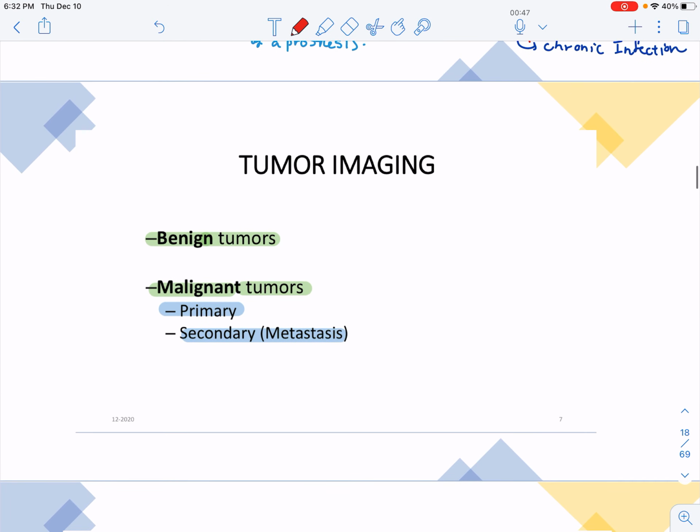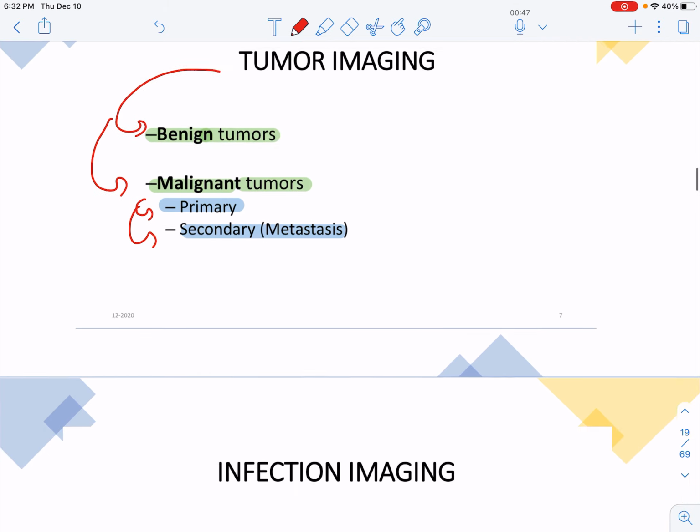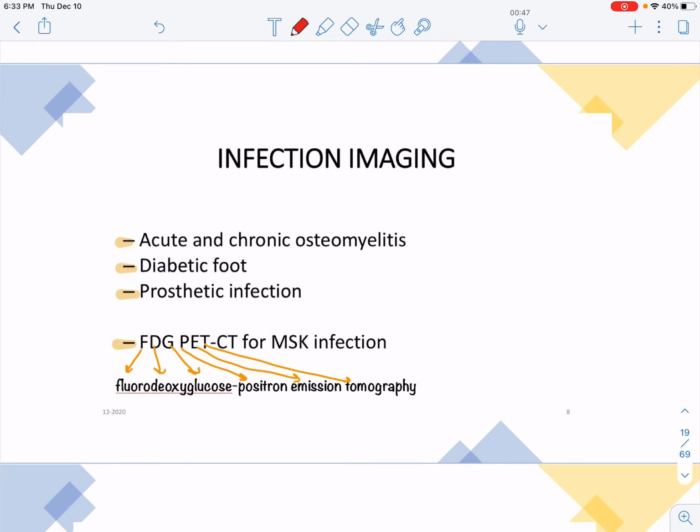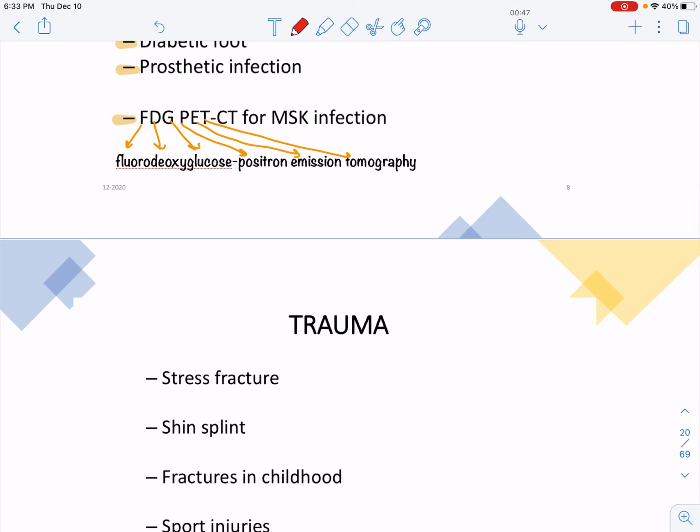First, tumor imaging. We know that a tumor can be benign or malignant, and malignant can be primary or secondary. And infection, we know acute and chronic osteomyelitis, because we are talking about the MSK system, diabetic foot, prosthetic infection. So here we said that if it's chronic infection, it's going to be imaged with PET CT, and this is FDG, fluorodeoxyglucose positron emission tomography, the abbreviation for it, FDG PET CT.